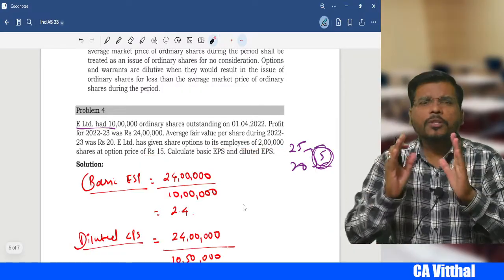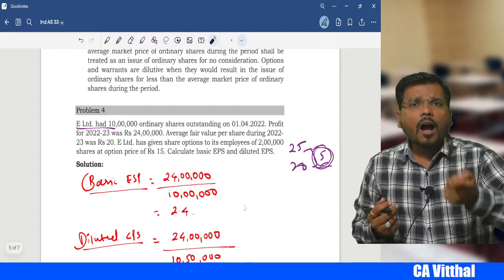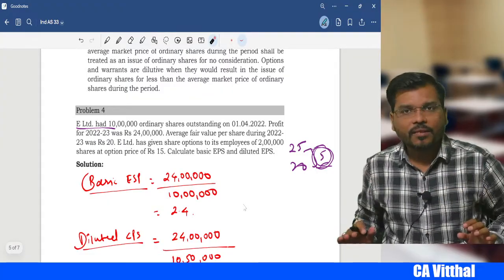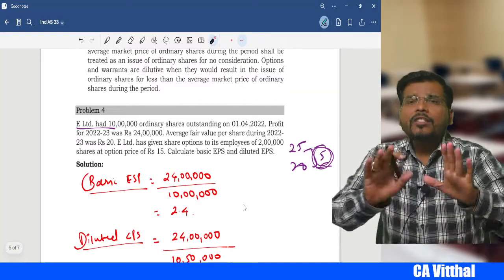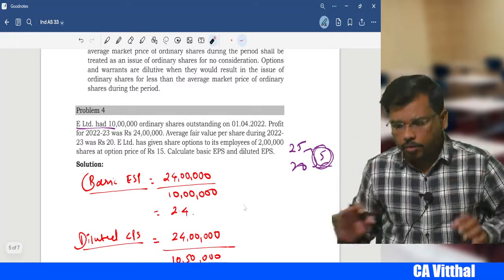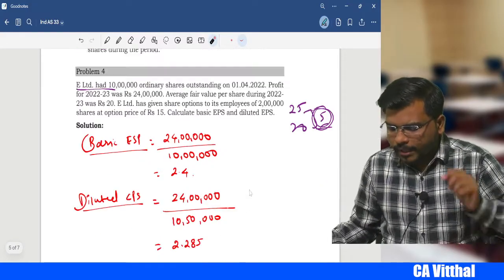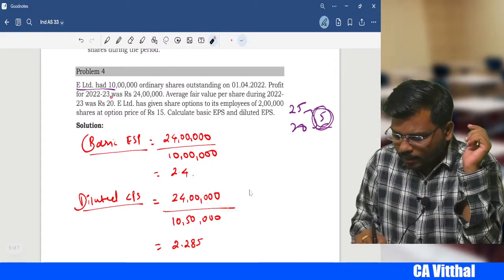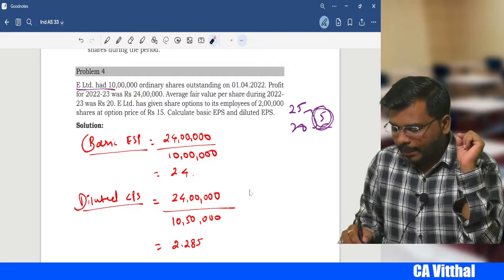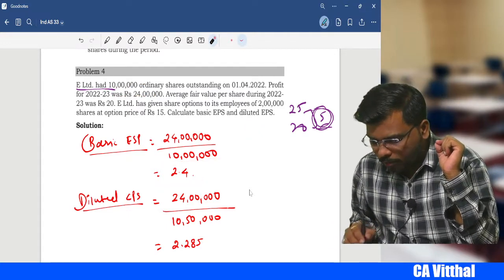Now, of the 2 lakh options, we need to find how many options the company has given other than cash. Is that clear? Other than cash, that is the number of shares we need to add in the calculation of the weighted average number of shares, right? So for basic, the net profit is 24 lakh, the number of shares is 10 lakhs, so EPS becomes 2.4.